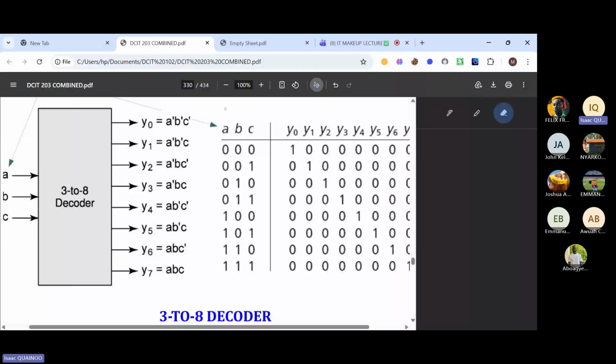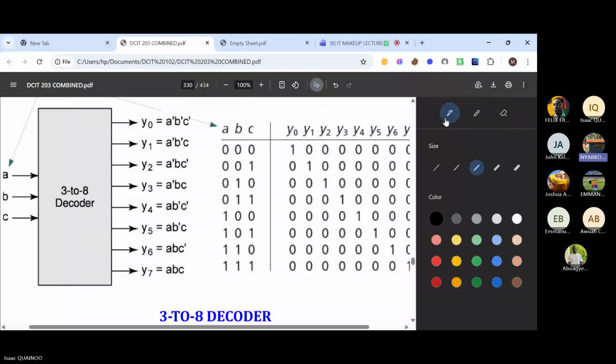I'm listening to you. A 4-bit priority encoder has inputs D0, D1, D2, and D3, where D3 is the highest priority.